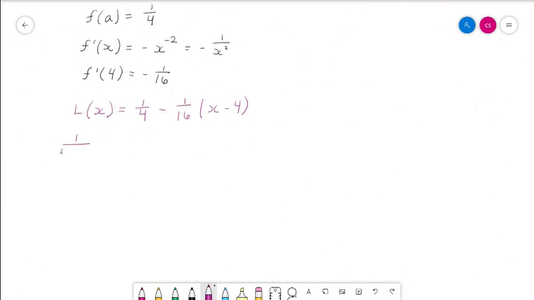So here's our train of thought. So 4.002 is equal to the function we created at 4.002, which is approximated by our tangent line at 4, okay, which is this right here.